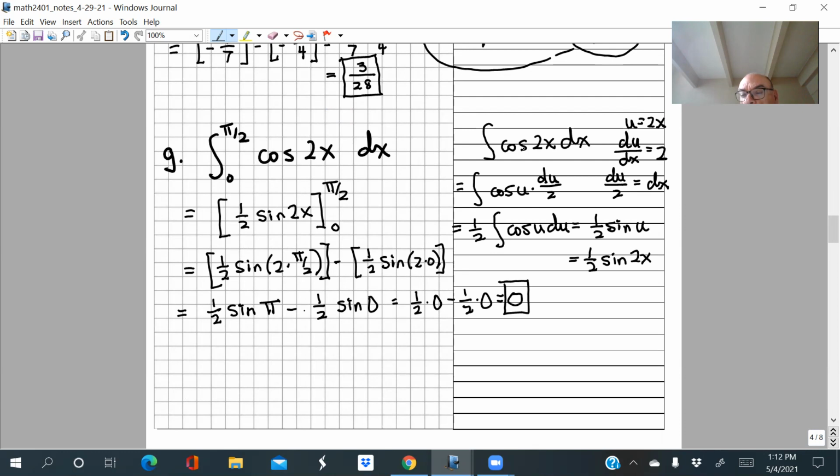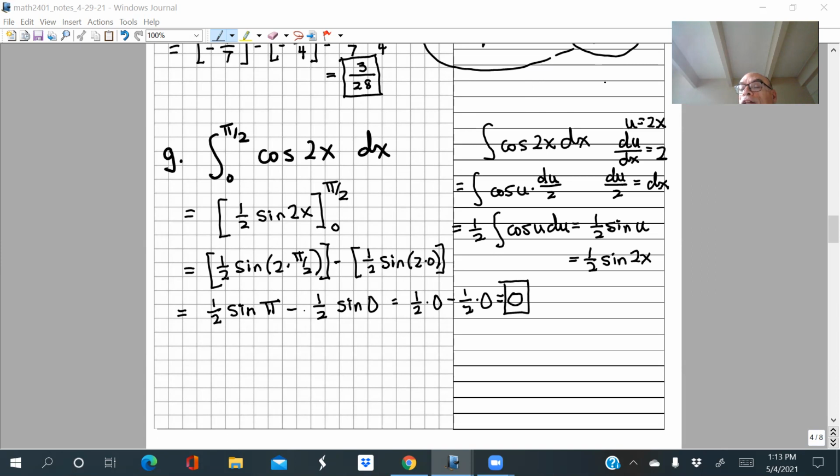So first, I have to find the antiderivative of cosine of 2x. Notice, if that were just cosine of x, that would be so easy to find the antiderivative, because you know what function has derivative cosine of x, right? That's sine. But this is cosine of 2x.